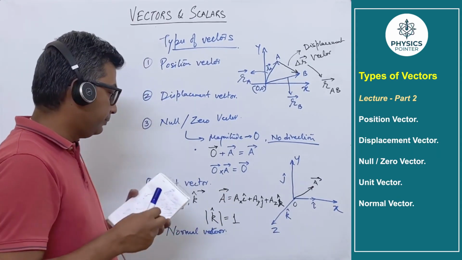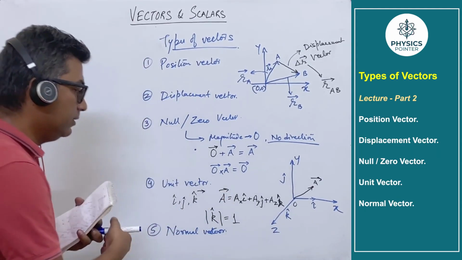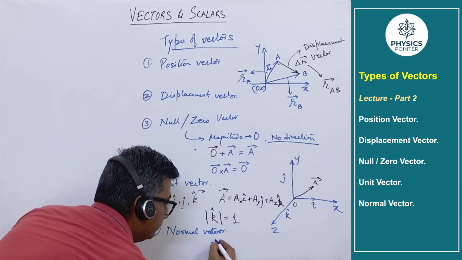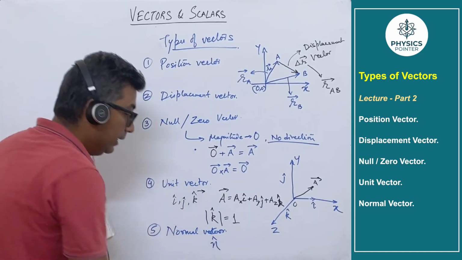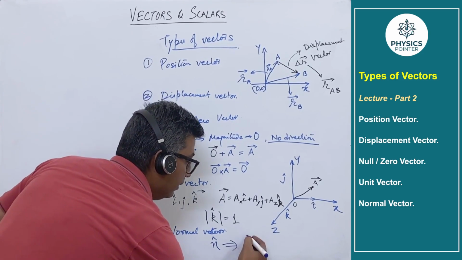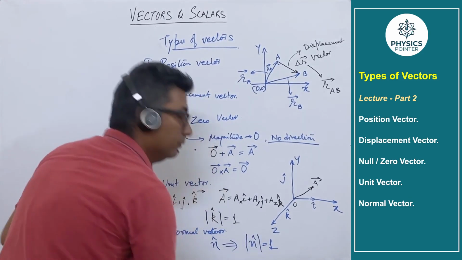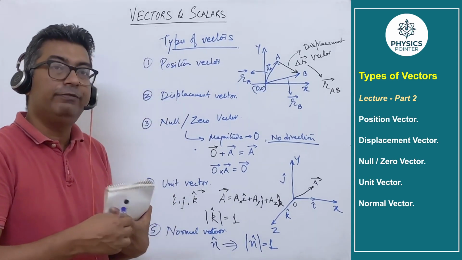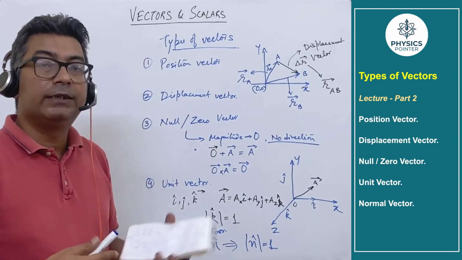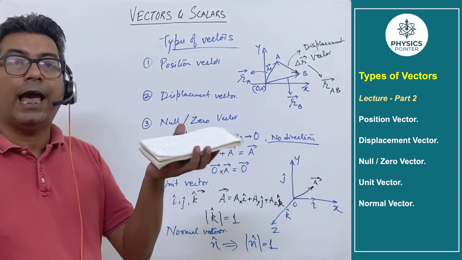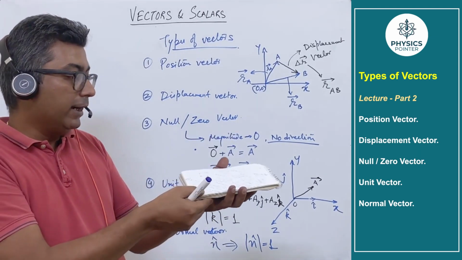The normal vector is denoted as n with a cap. Why a cap? Because again, the magnitude of the normal vector is equal to 1. It only signifies in which direction this face is. Now let me tilt it a bit.